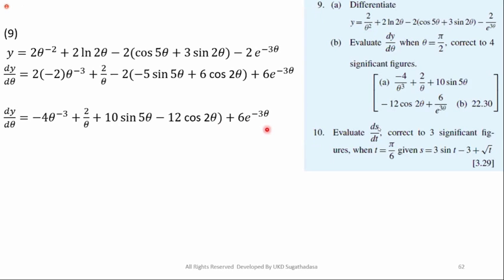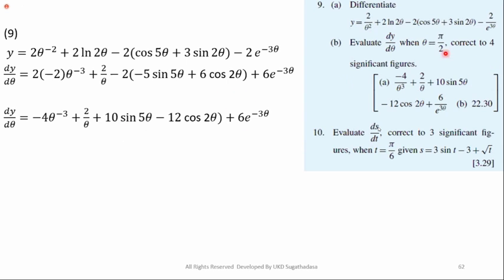The question asks to evaluate dy by d theta when theta is pi by 2, correct to 4 significant figures. Can you see now?